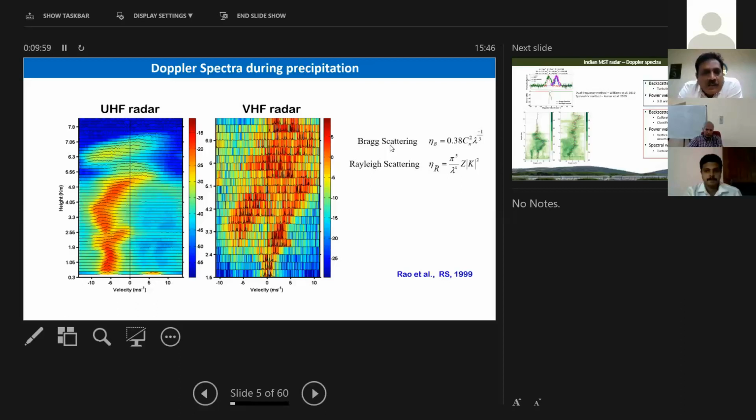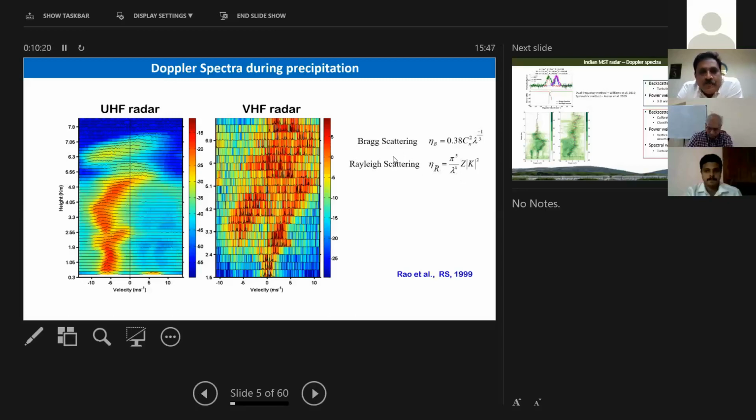This Rayleigh scattering, the particle scattering, is frequency dependent. You can see lambda to the power of 4 is in the denominator. If the wavelength is small, then you will get a very strong Rayleigh backscatter.